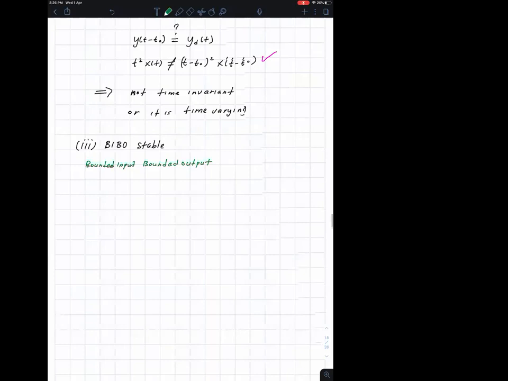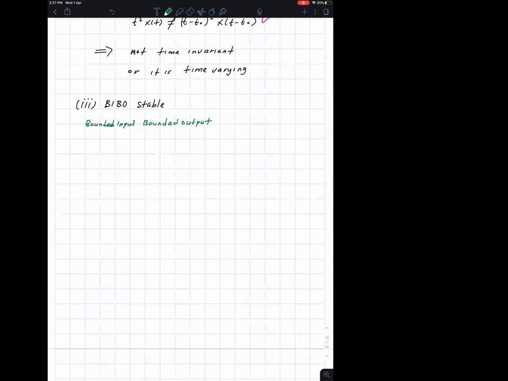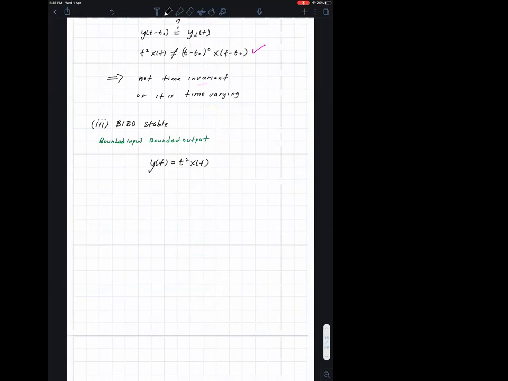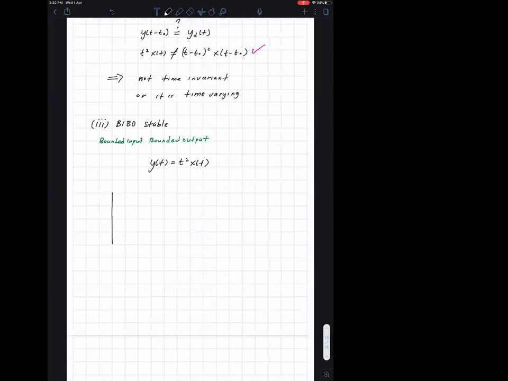So how do we test that? What we do is we try to input a bounded signal and see if the output also is bounded. Okay, let's do that. So you have an input, a step function.